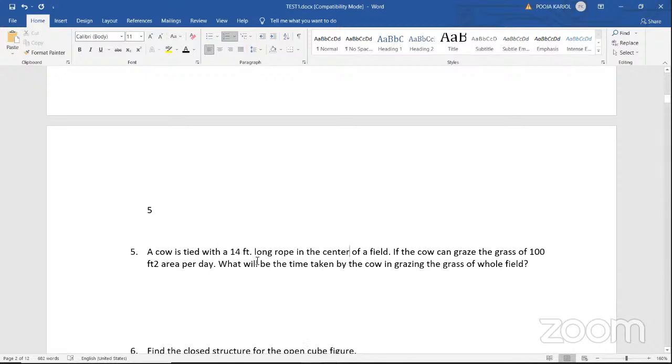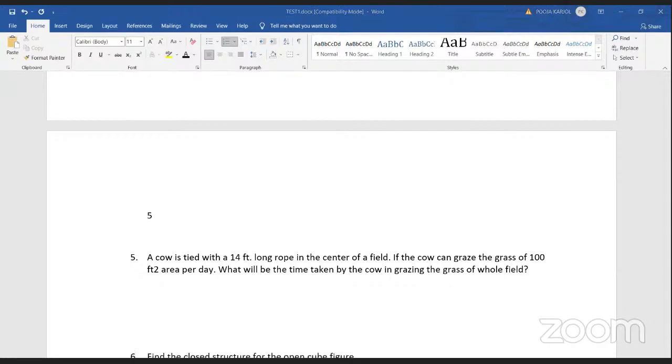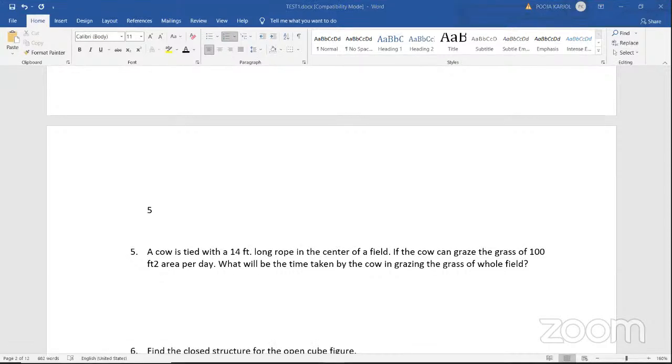Okay. What this means is, imagine a center of the field. Then they have tied the cow with a 14 feet long rope. If it moves around, this rope will form a circle with radius 14 feet.